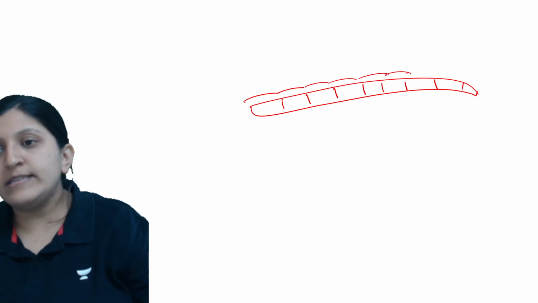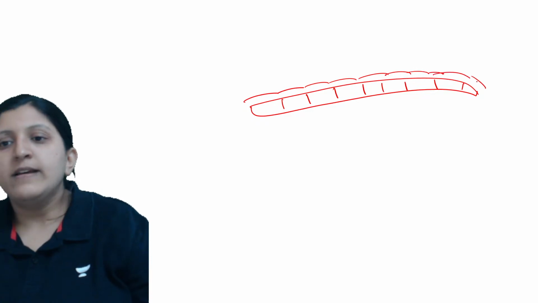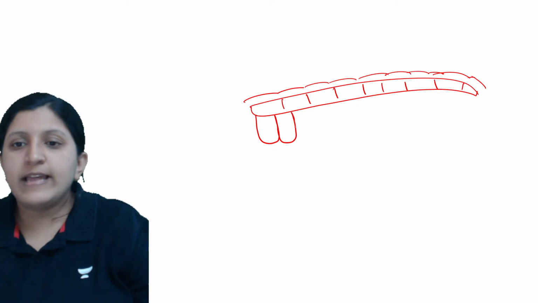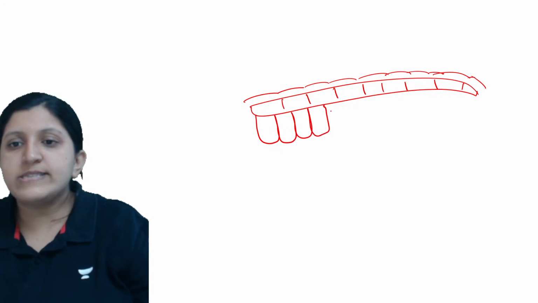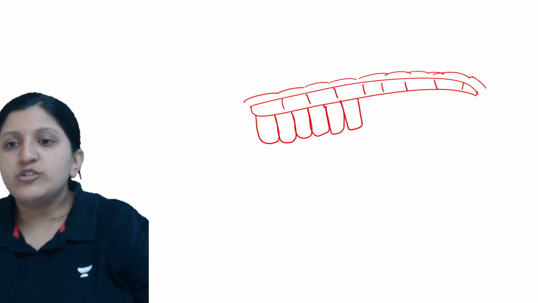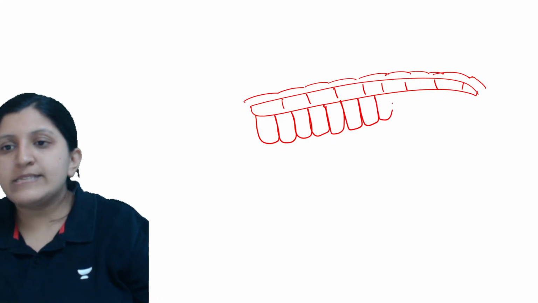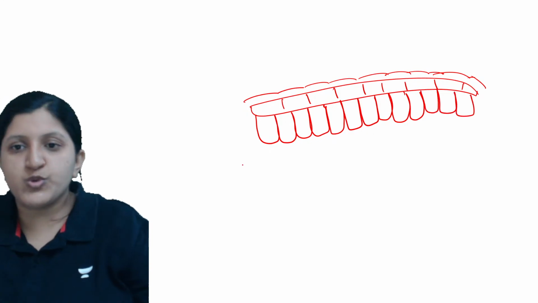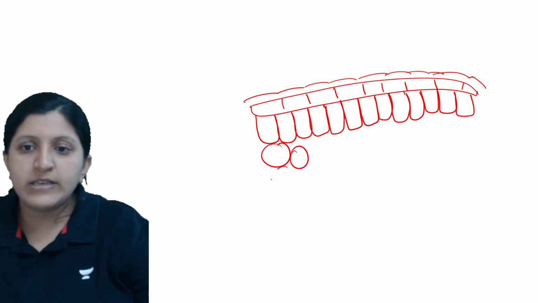Below you can find the palisade mesophyll cells, and also the spongy mesophyll below.